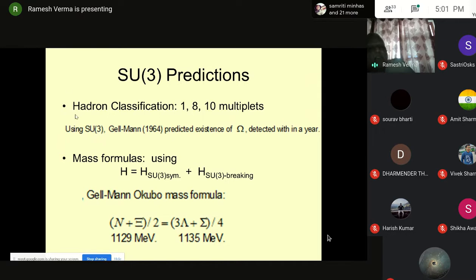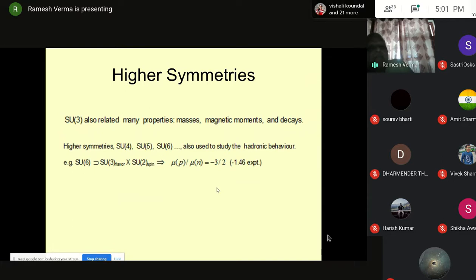That shows that SU3, even without knowing the strong interaction dynamics, has the power to relate various observations. A similar formula can also be obtained for K, pi, and eta. But that you can probably follow in the book, or maybe at some other time I can give you that.